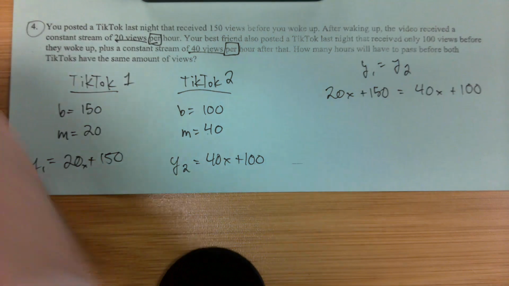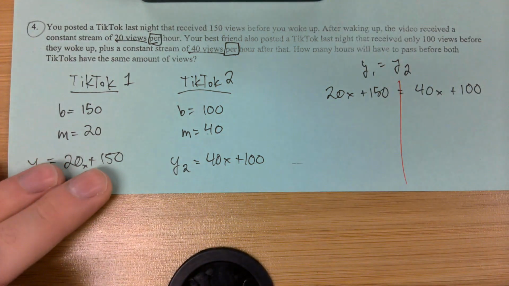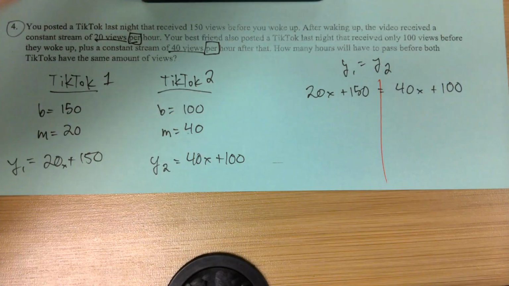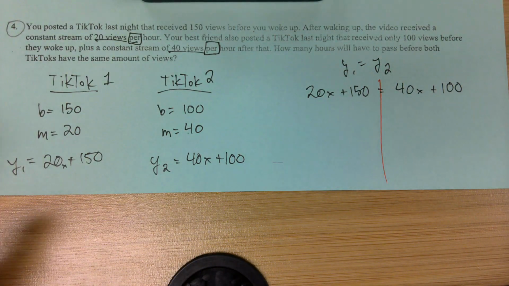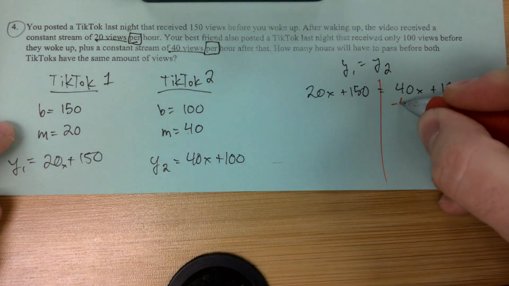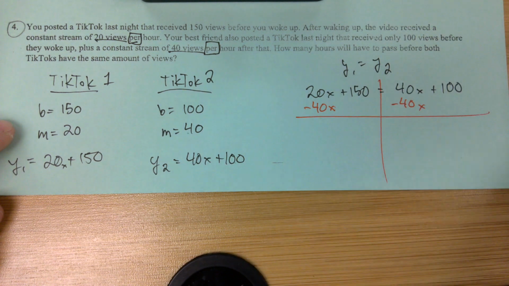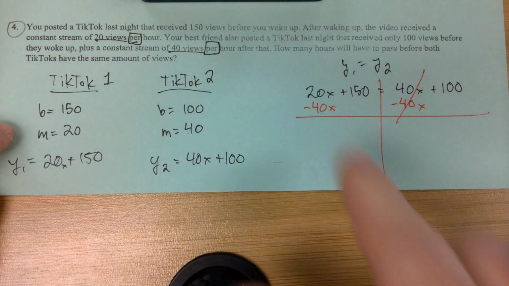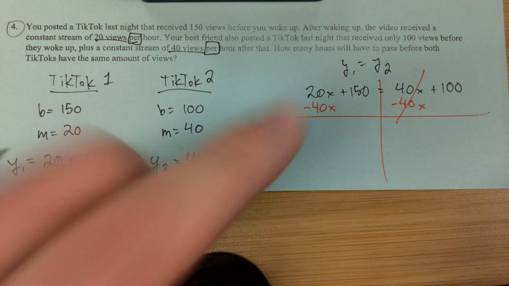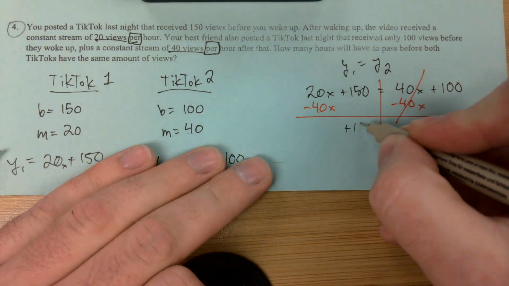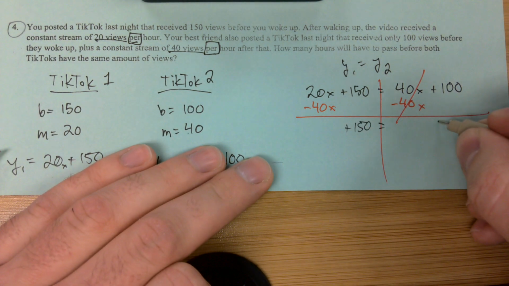What's the first thing that we want to do here, folks? Oh, Nipo? Exactly. We're going to subtract 40x from both sides. Thank you, sir. These 40s cancel, giving us what now on the left-hand side? What's 20x minus 40x?